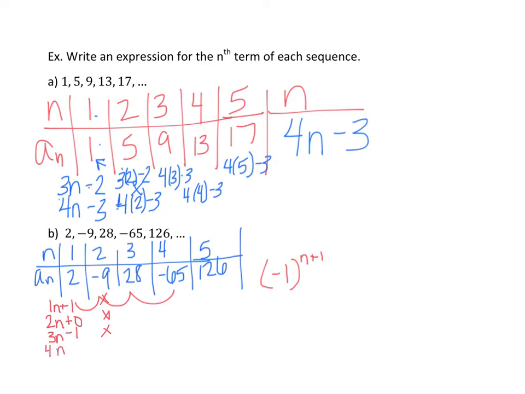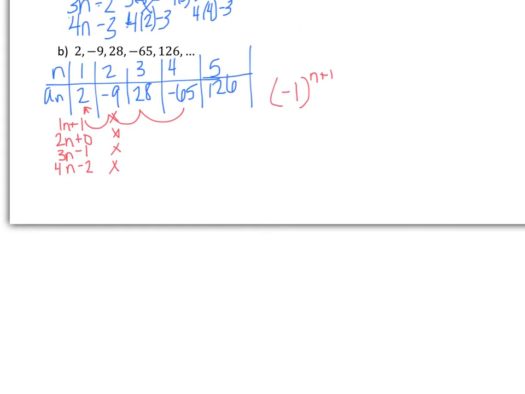4 times n, I'm going to have to subtract 2 to get to 2. This is what we're trying to get to. Okay, so 4 times 2 is 8, minus 2 is 6, and that doesn't work. So we keep going. 5 times n, I'm going to have to subtract 3.